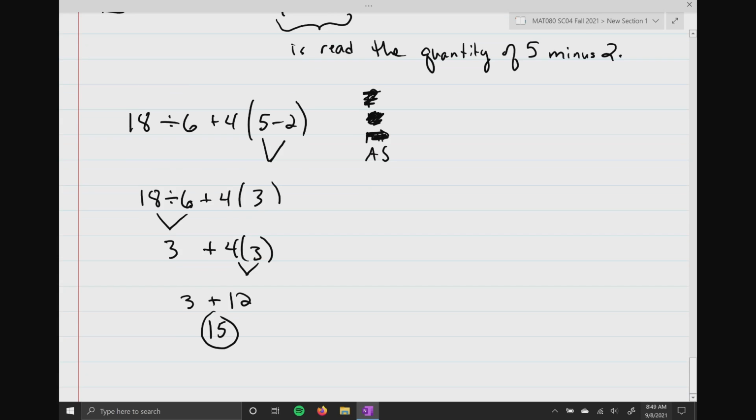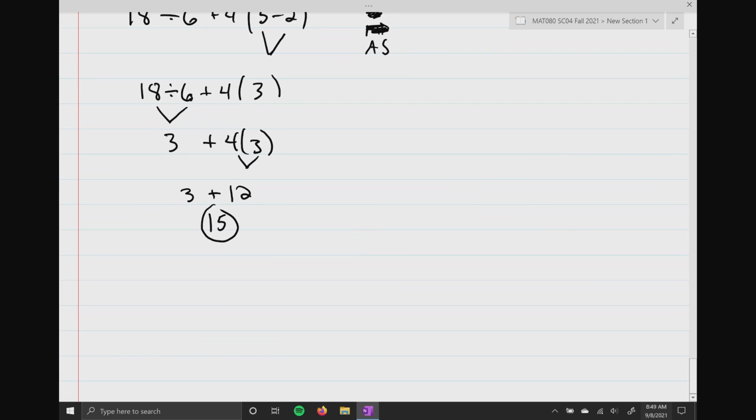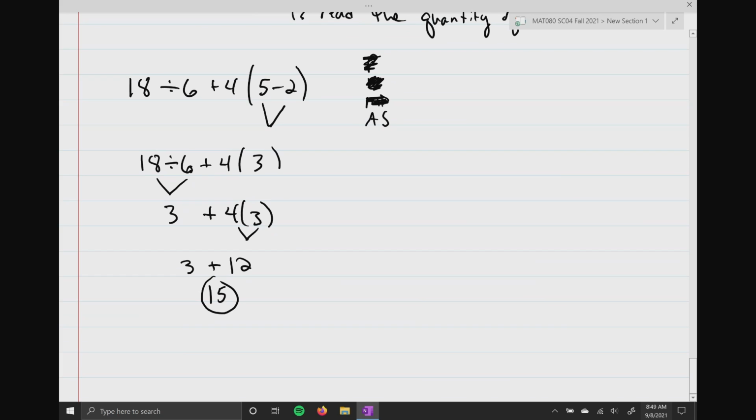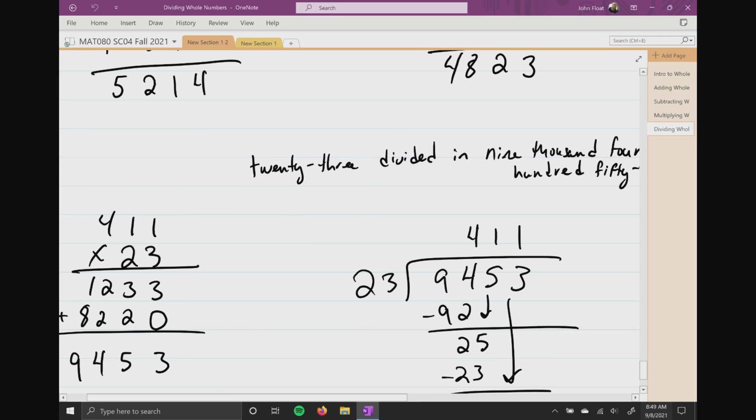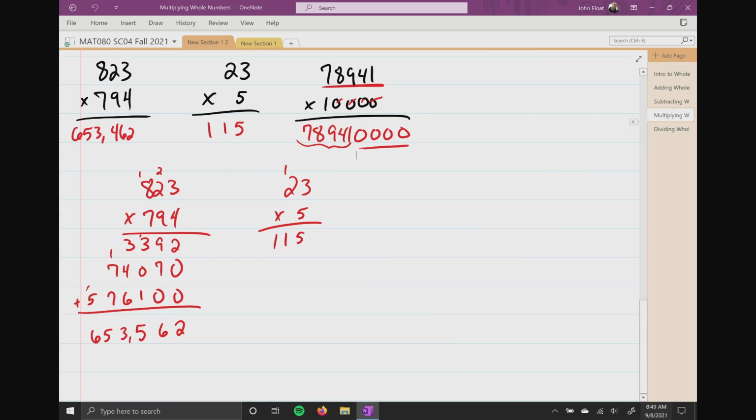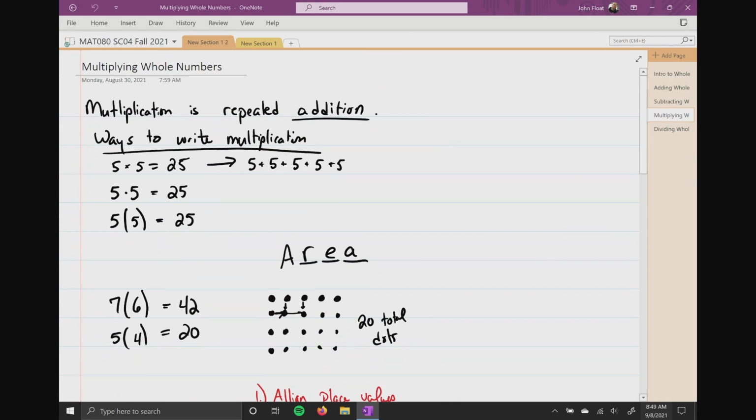All right. Now we're going to get a little bit... Multiplying it because of the parentheses? Oh, I'm sorry. What did you say? You multiplied it because of the parentheses? Yes, yes. So, back in chapter 1, section 4, we went over ways to write multiplication.